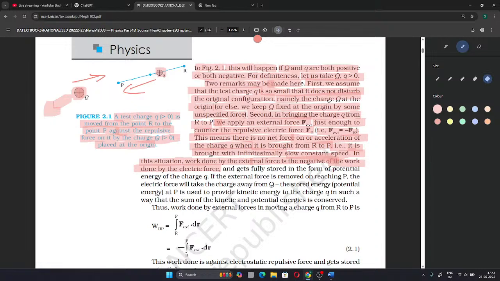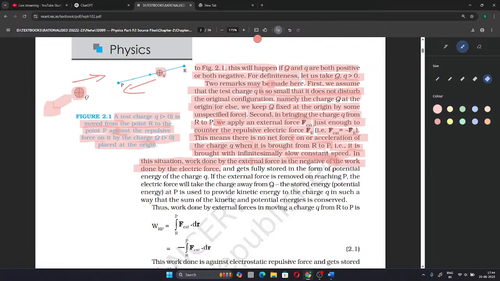Second, in bringing the test charge from point R to point P, we apply an external force F external, just enough to counter the repulsive force F electric. That is, F external equals negative of F electric.